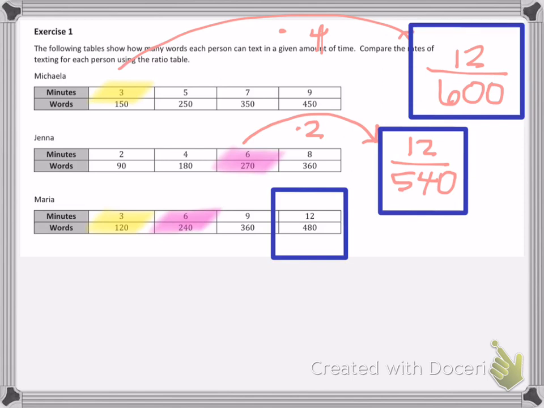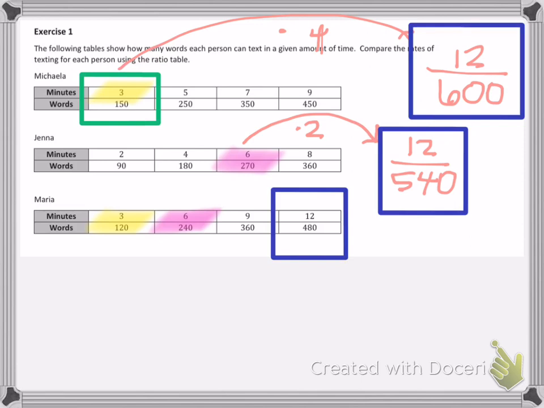The other thing that I can do is take the initial ratio and make it a value. So let's call this words per minute. If I did words over minutes, 150 divided by 3 is 50.